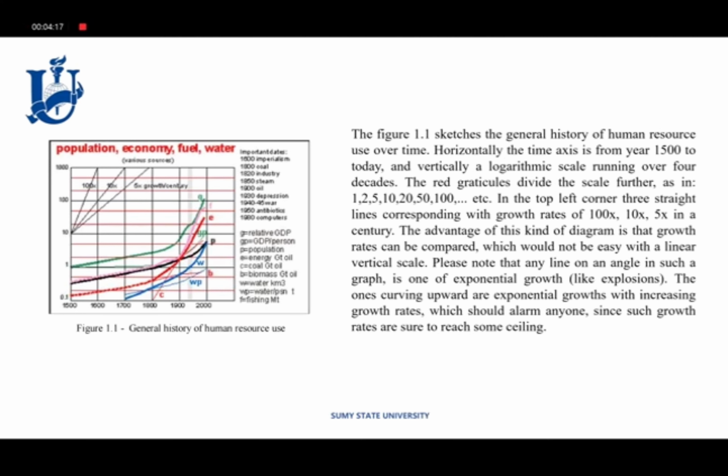GDP is closely related to society's use and waste of resources, the most important of which is energy. The third curve shows overall energy use, which before 1800 consisted entirely of biomass, mainly firewood, and which followed the rate of population growth.